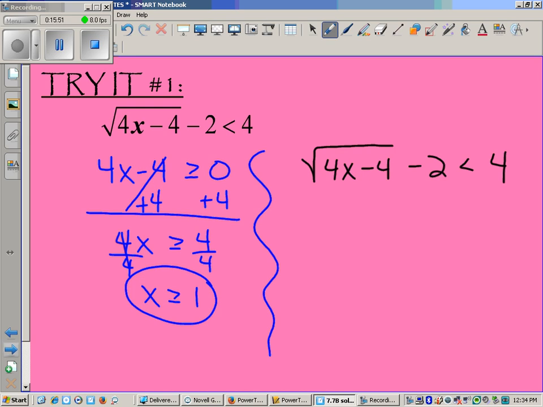Got x is greater than or equal to 1 for the first part. Did you?